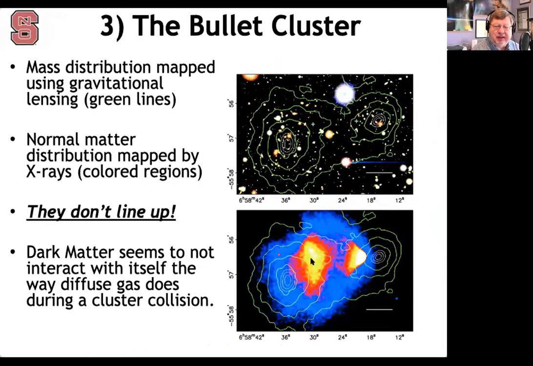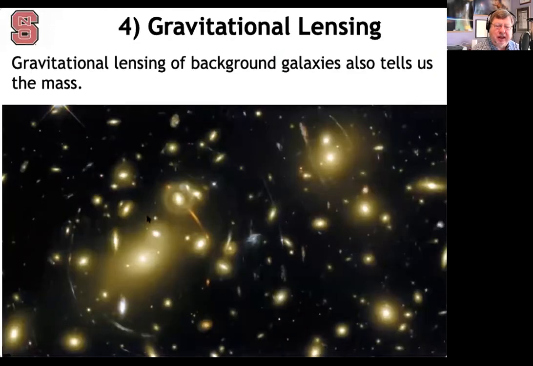The bullet cluster: the ordinary matter and dark matter don't line up after the collision. The ordinary matter is slowed down. The dark matter is not slowed down. That's line of evidence number 3. Line of evidence number 4 is there's way, way more gravitational lensing than we would expect if the only matter that existed is matter we could see.